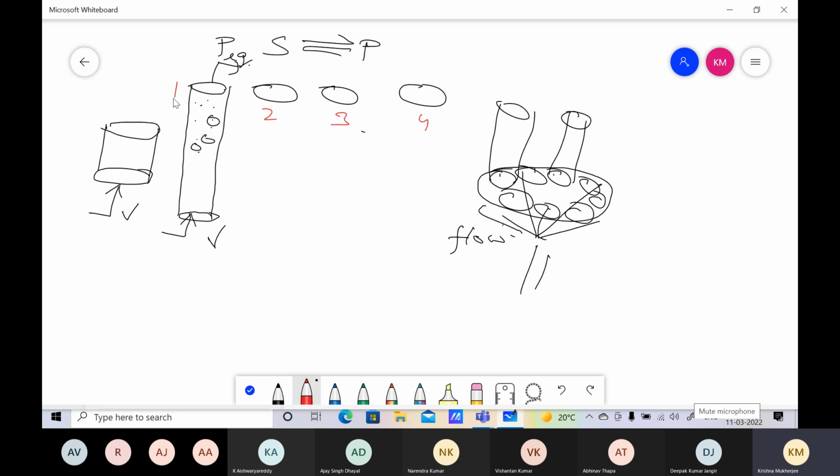Tube number 1 is the fresh enzyme column, which has been set up on day 0. For 1 week, it will have the highest flow rate, let us say 100 ml per hour. I'm just putting some numbers to make it easier. Tube number 2 has got 20% deactivated, so we push it at 80 ml per hour. Tube 3 has 60 ml per hour, and so on and so forth.